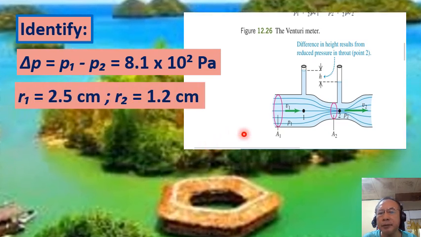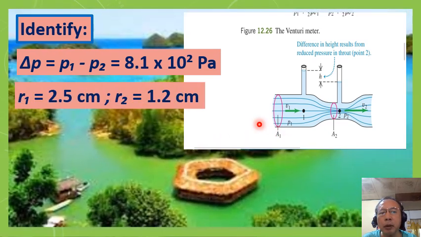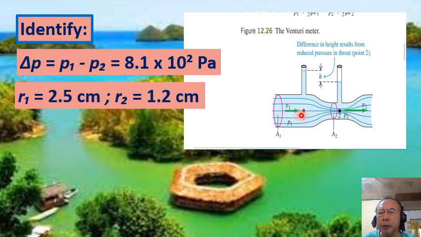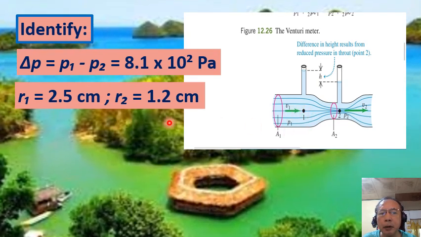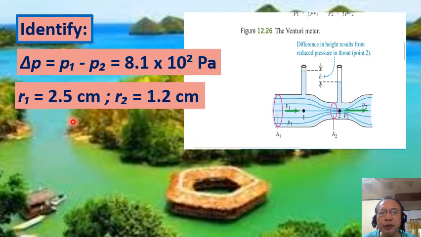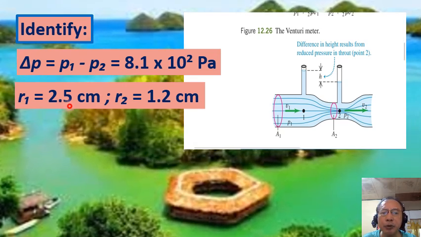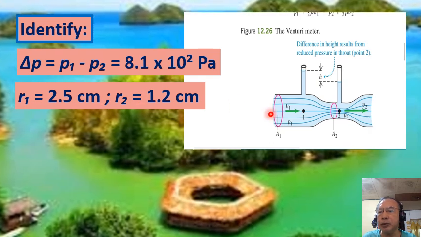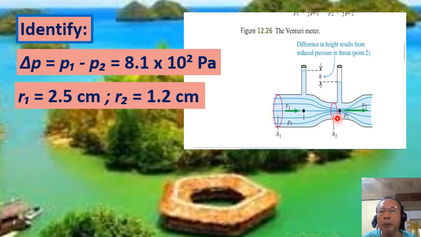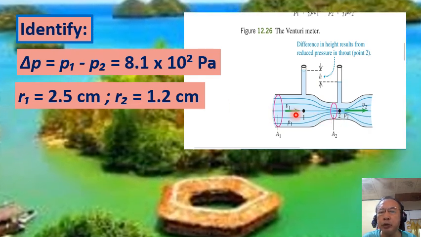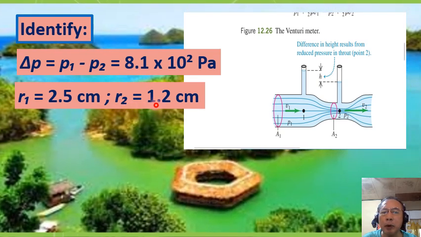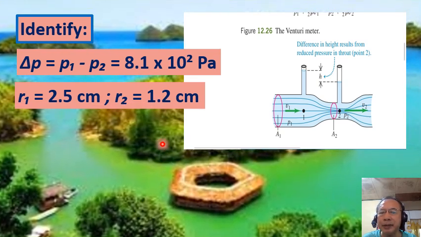We're also given the radius of the wider part of the pipe, right? So the radius R1 is given as 2.5 centimeters, while the radius of the narrow part of the tube, labeled here as R sub 2, is 1.2 centimeters.